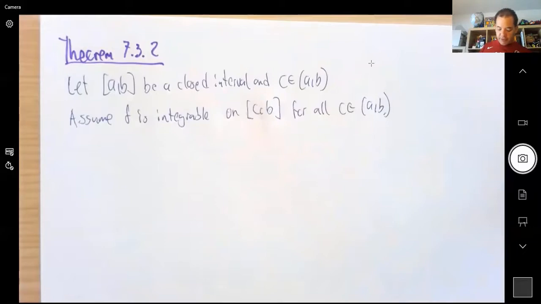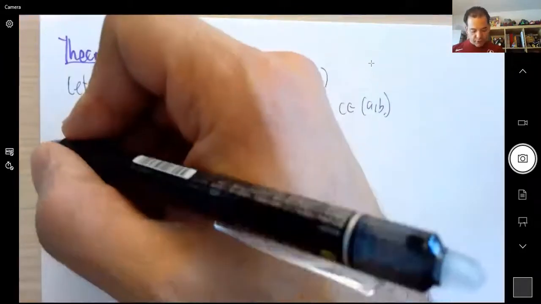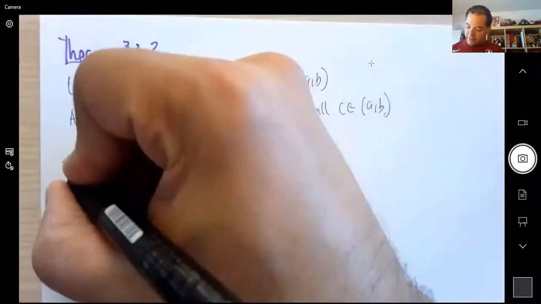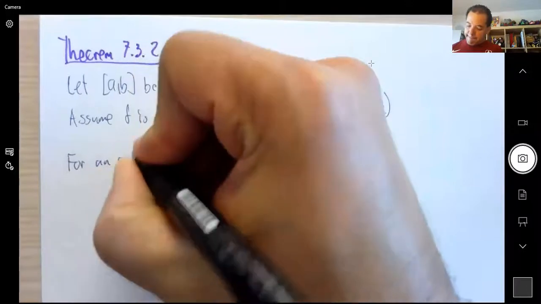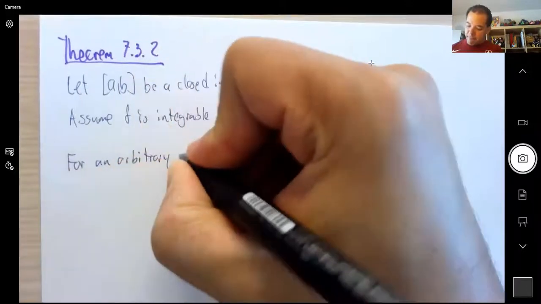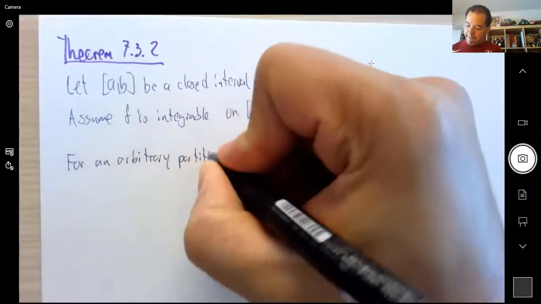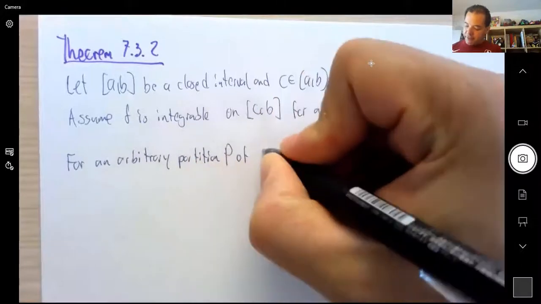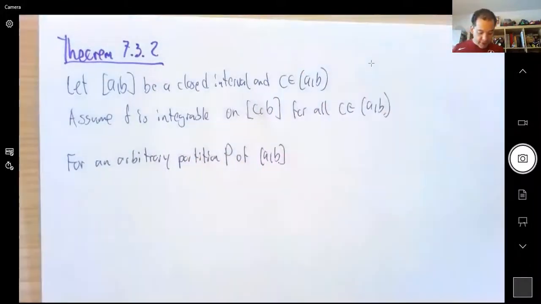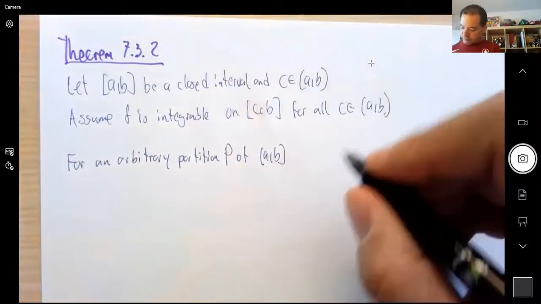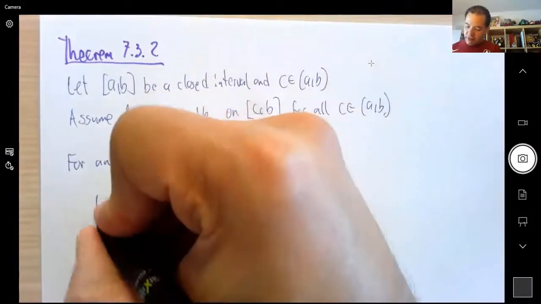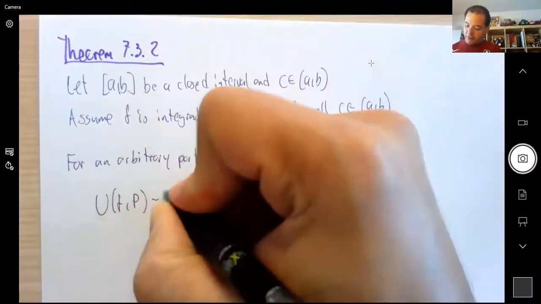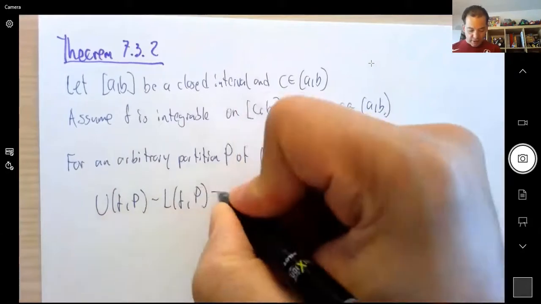Well, easy. Let's think first about how a general partition looks. So for an arbitrary partition P of AB, this happens. The upper sum minus the lower sum looks like this.